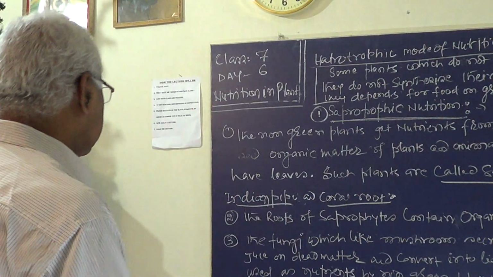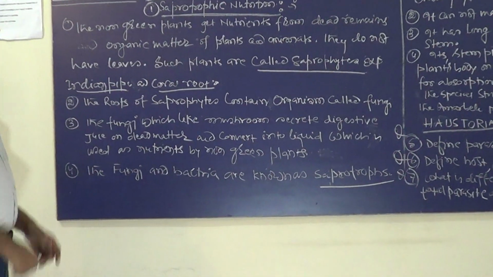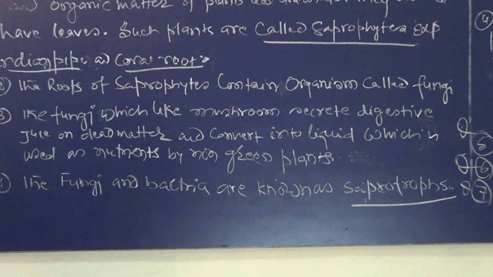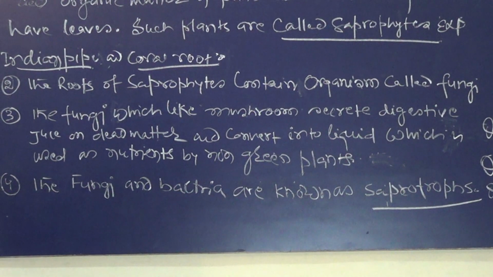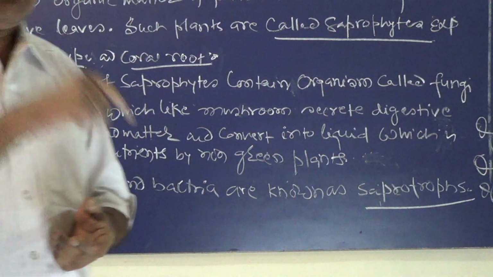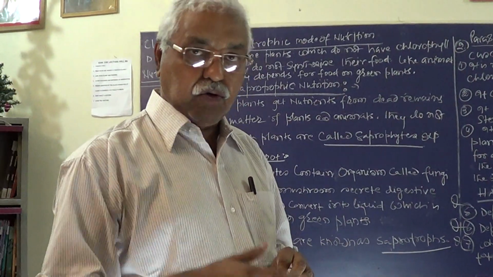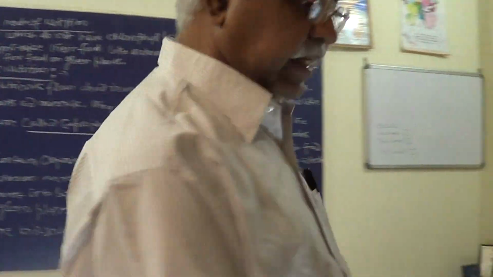What actually happens? First I will show you how the Indian pipes or coral roots look. So just watch, I will show you how the Indian pipe and coral root look. Please set the camera on this.